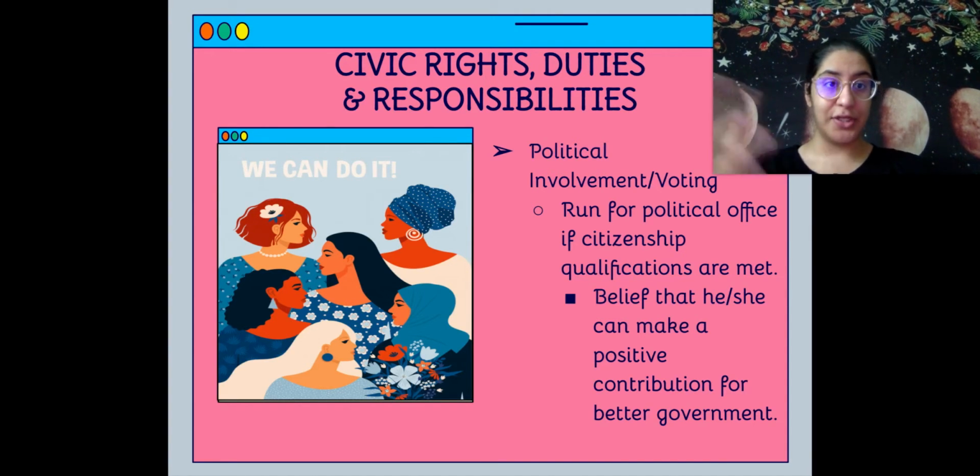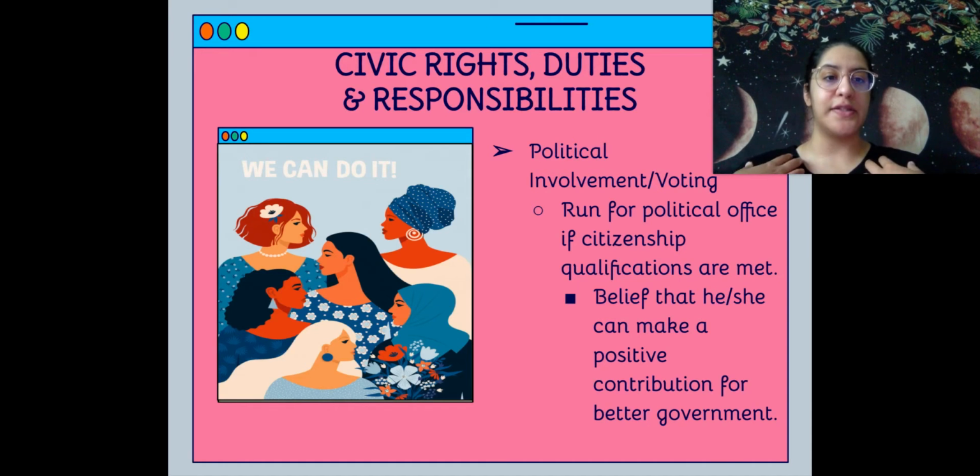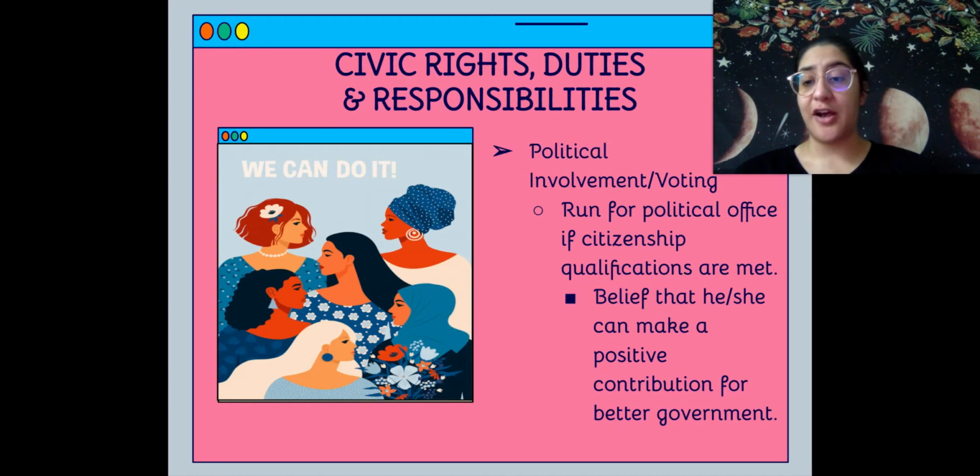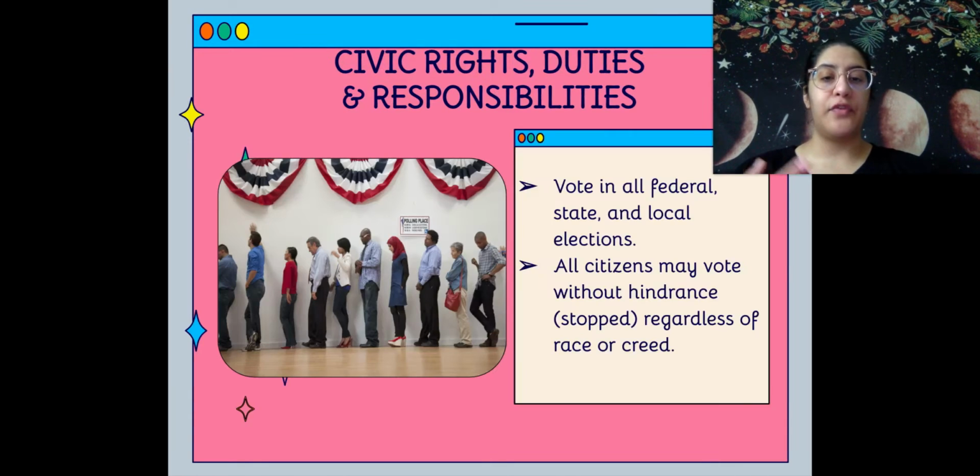Review that information. And when we talk about political involvement, that includes us running for city council or even the head of our school, running for president of our school. That's political involvement.